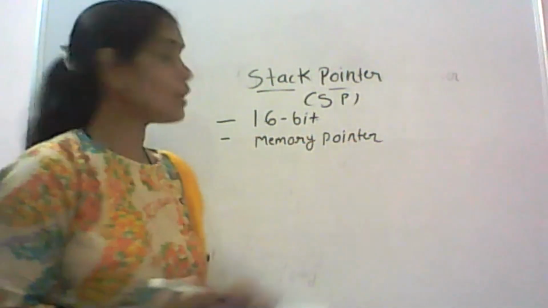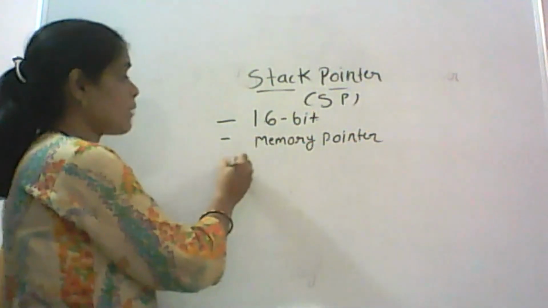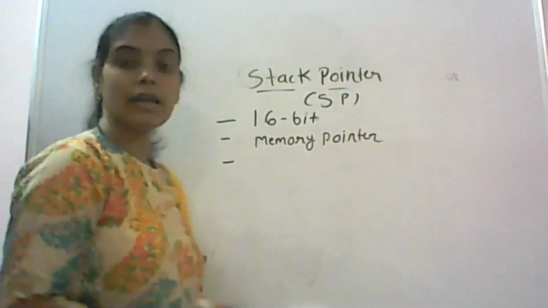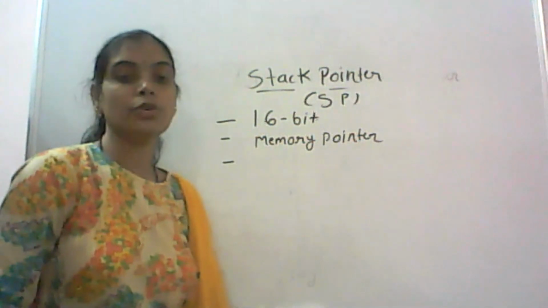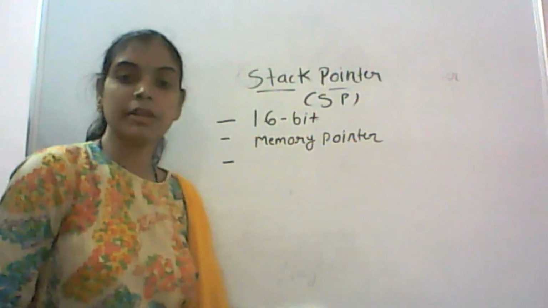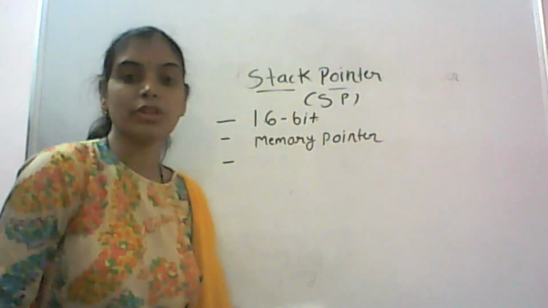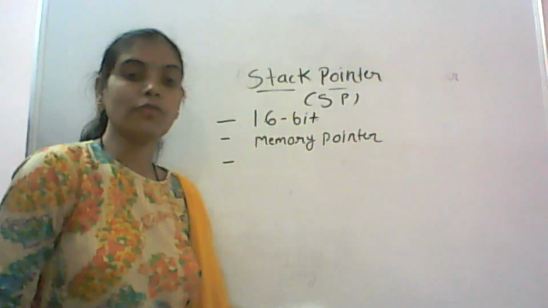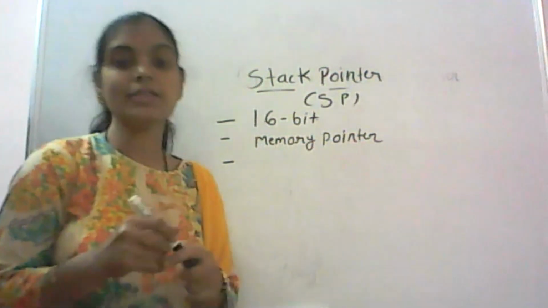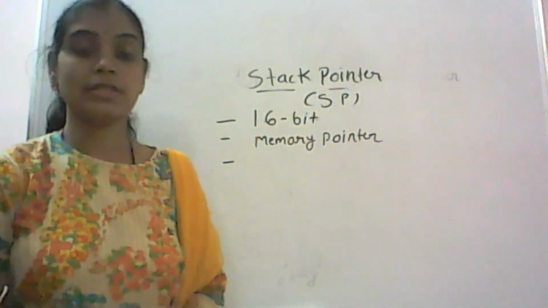The stack pointer is decremented each time when data is loaded into the stack, and incremented when data is retrieved from the stack. Stack pointer always points to the top of stack memory.